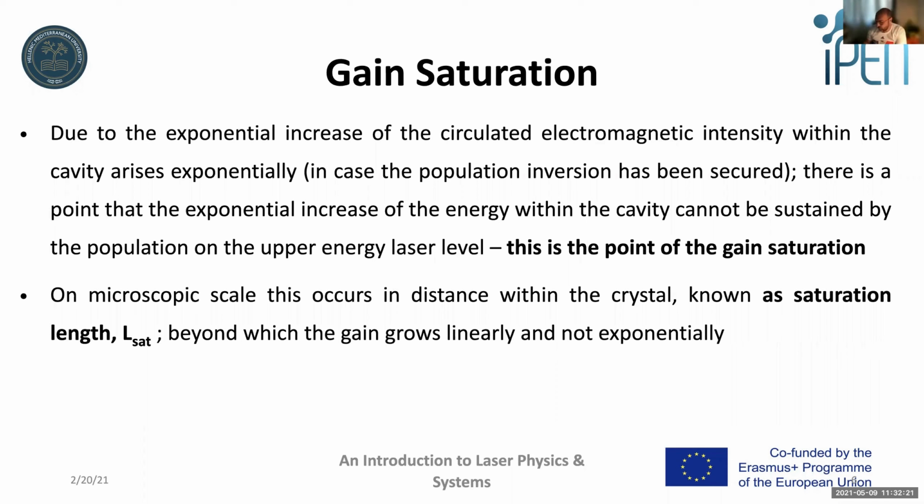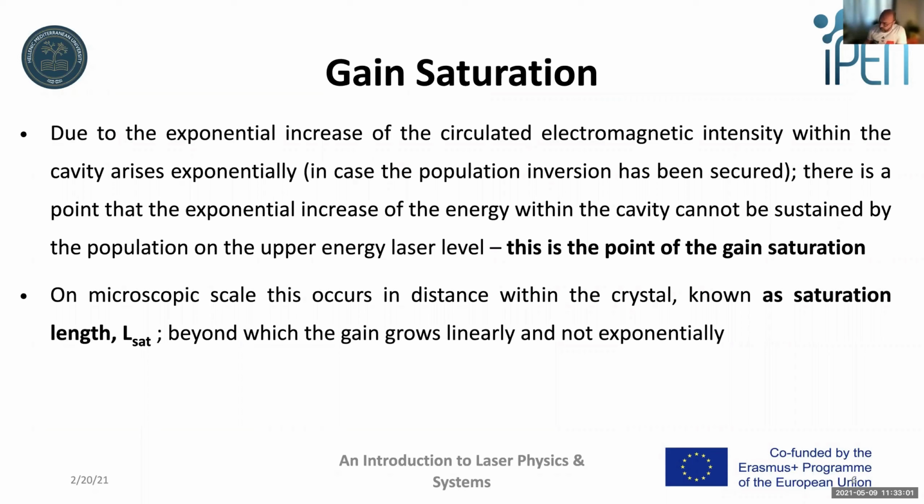This corresponds to the small gain coefficient. Remember Beer's law. But when we approach the threshold point, the increase will become linear, because the rate at which our beam is amplified is getting lower. It gets a lower rate because of this saturation effect, because of the clamping of the population inversion towards the threshold.